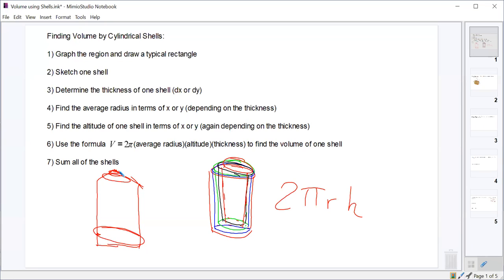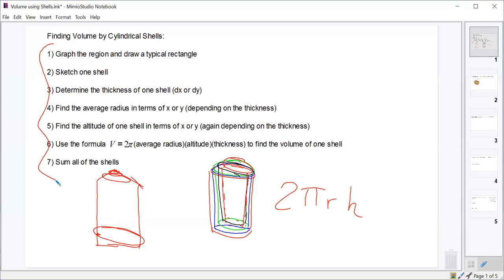Wonderful. All right. So our steps are as follows. We're going to graph the region, and we're going to sketch what we call a typical rectangle. That sounds a little bit weird, but sketching a typical rectangle is going to help us determine if we're doing it in terms of x or in terms of y.